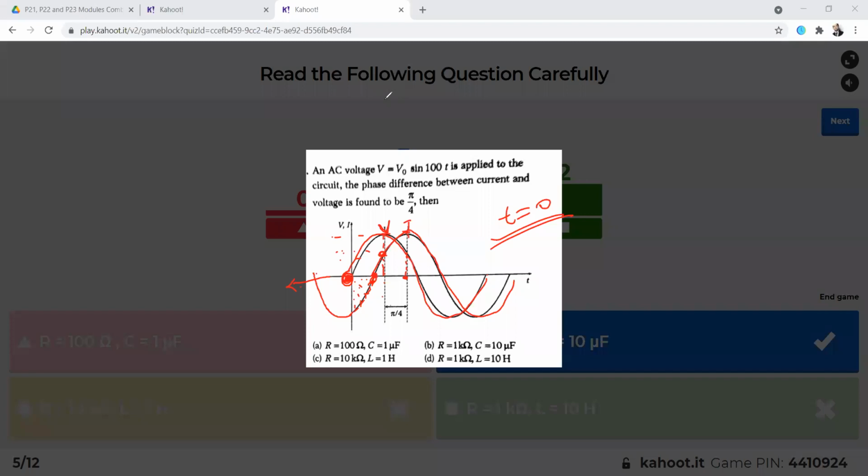Then if we see t equal to 0, the current is here and voltage is 0. That means the current is on the negative side as compared to the voltage, and voltage is 0.